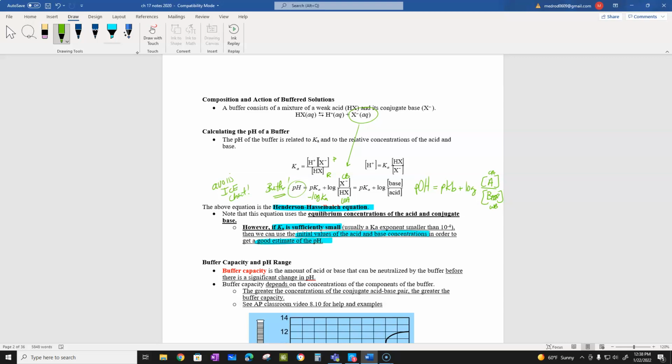It's like doing an assumption. So if that Ka value is really small, like 10 to the negative 4, negative 5, negative 6, etc., we usually use the Henderson-Hasselbalch equation instead of doing an ICE chart. And I'm going to show you how to do that.